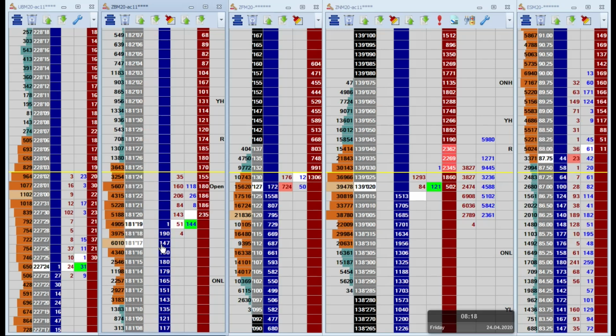So there you go, a little momentum trade, about 4 ticks. Not quite back to where we need to be, but I'll take it.